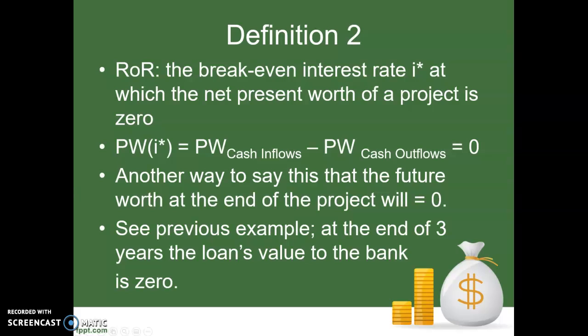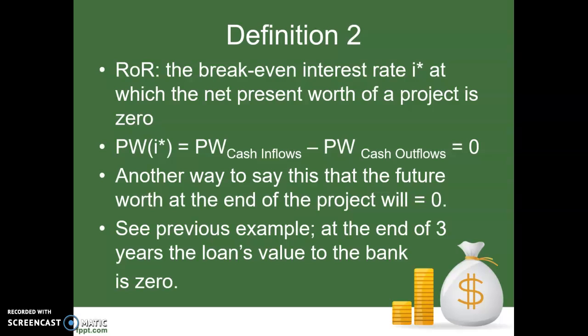To look at the next definition of rate of return, another way to look at the same scenario here. Another way we could describe a rate of return is the break-even interest rate, at which the net present worth of a project is equal to 0. So we're looking at the present value of all of the cash inflows minus the present value of all the cash outflows.